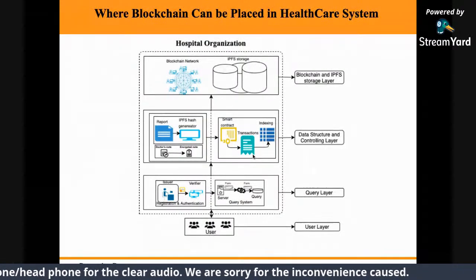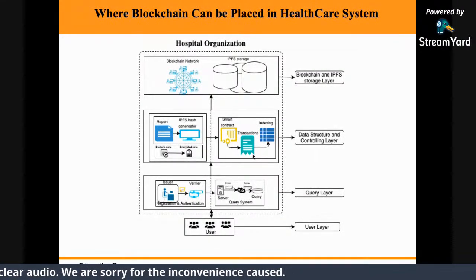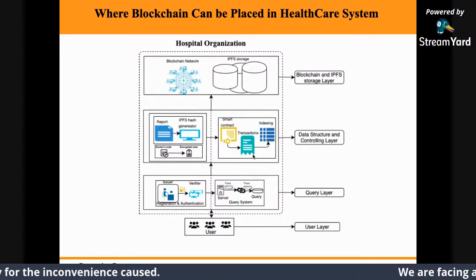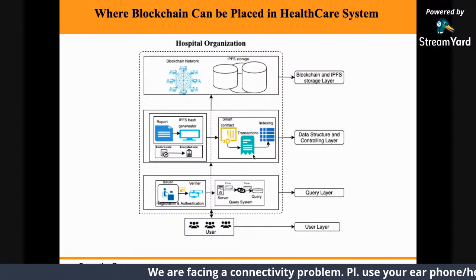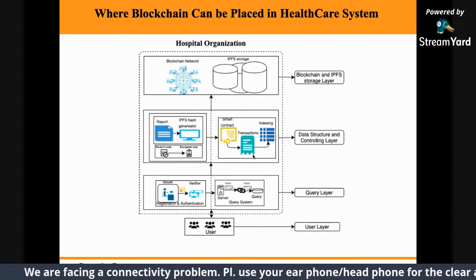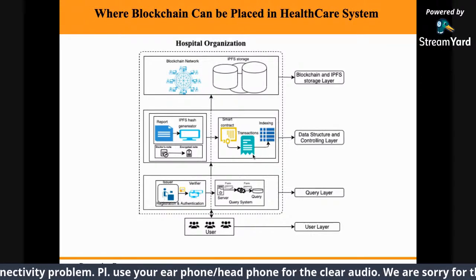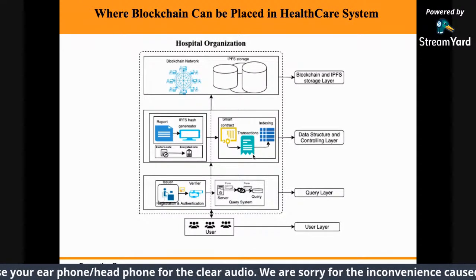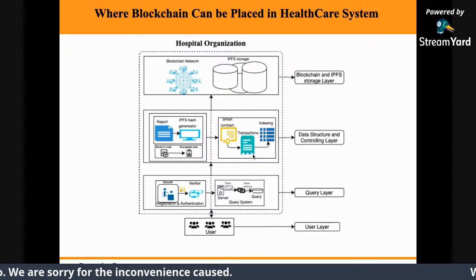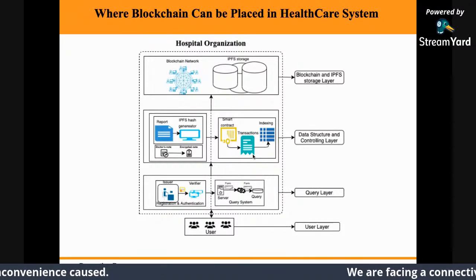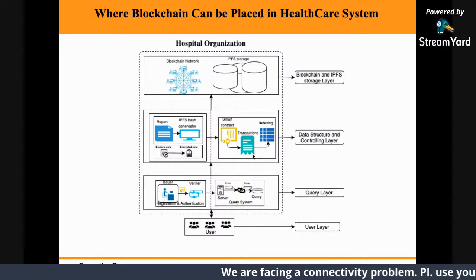In the next layer, whenever a report comes, that report will be passed through the IPFS hash generator. Why are we using the IPFS hash generator? Because blockchain's drawback is that we cannot store complete data on the blockchain. So we store the record on IPFS, take that hash value, and store it in the blockchain.